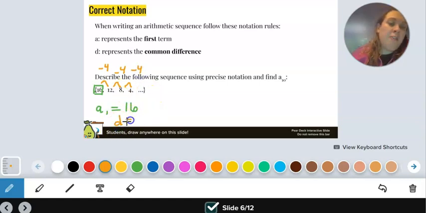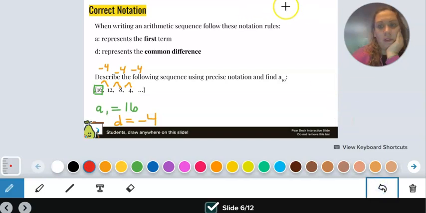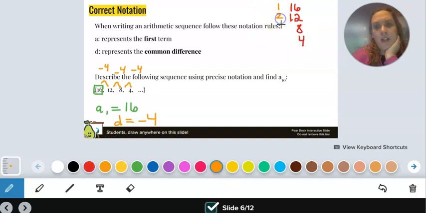So our common difference is negative 4. And right now we have the first 4 terms, so I'm going to write them over to the side: 16, 12, 8, 4.